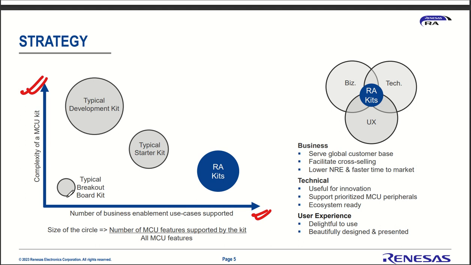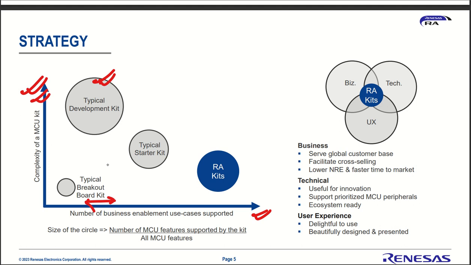So as you can see, typical breakout boards will be very, very small. This circle actually represents the number of features that this particular kit is going to support, and all MCU features. Okay, so basically you will see, if you go for a typical development kit, this will be very, very complex, but it will be giving you a very small number of features.